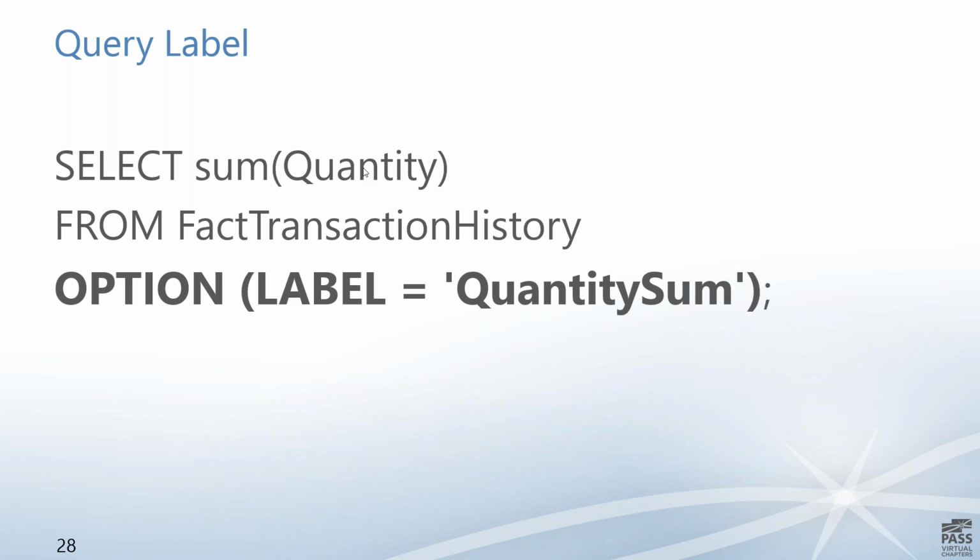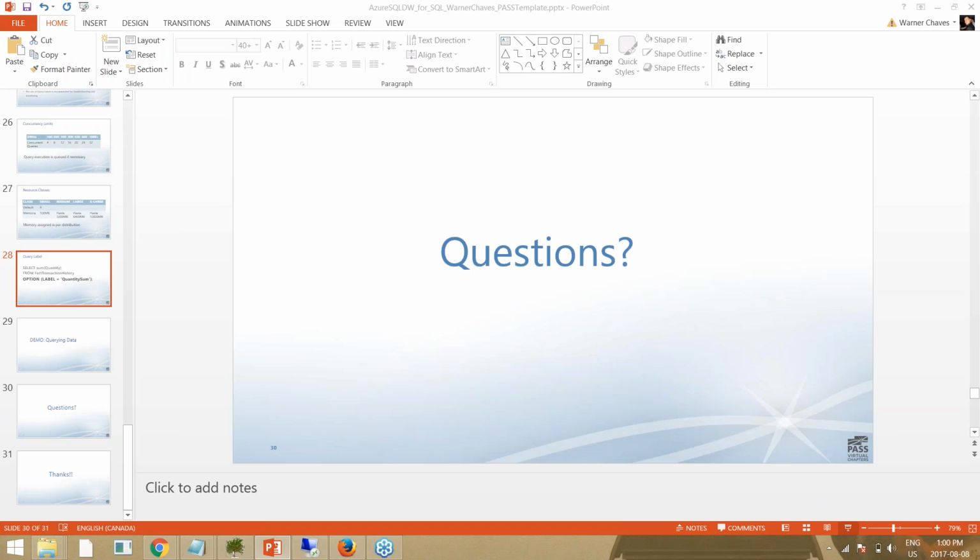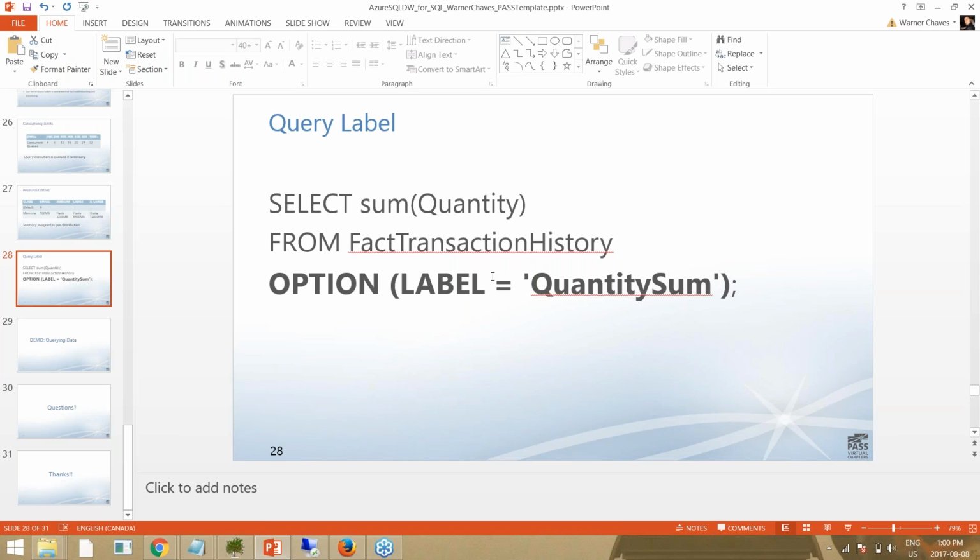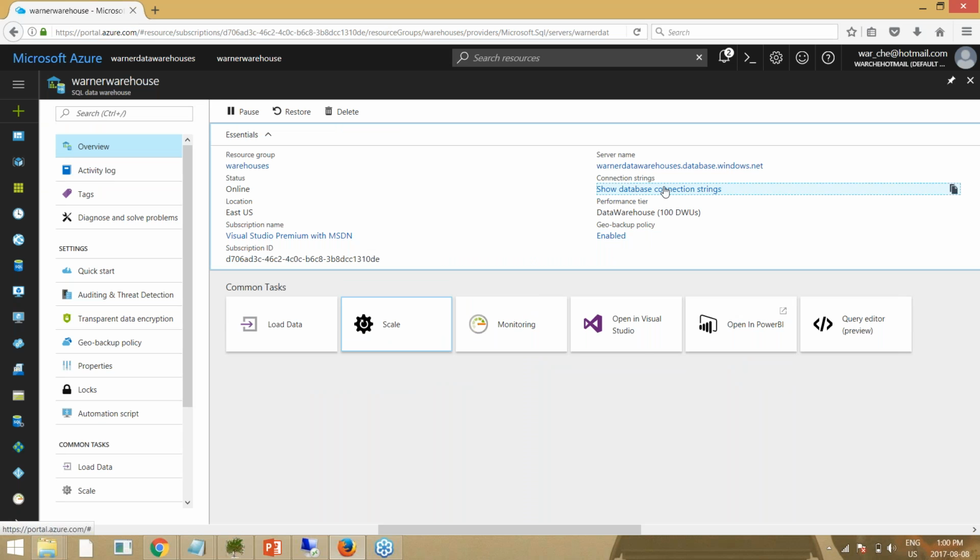Yeah, fair enough. There is a question here, and I kind of want to ask this myself. At the start, you said you opened up all the firewalls and stuff like that. We have a question here about what connection strings do you use from SQL Server Management Studio or BIDS? Oh, yeah, sure. So let me show you guys here. You can get the connection string from the portal.